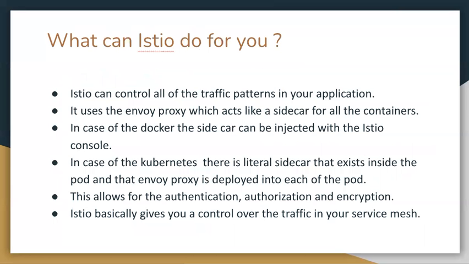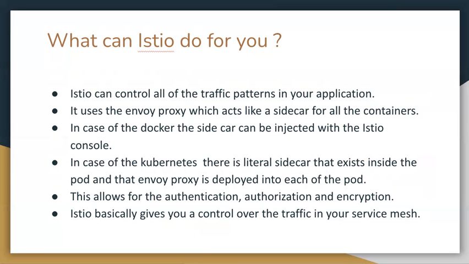Now, what can Istio do for you? Okay, so Istio can control all of the traffic patterns in your application: how your traffic is coming in, going out, logging, right? All these things that we discussed, how it's able to do it using the Envoy proxy, which acts like a sidecar for all the containers.